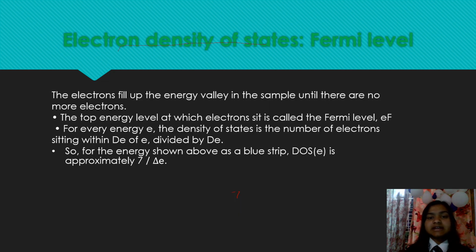The electrons fill up the energy levels in a sample until there are no more electrons. The top energy level at which electrons sit is called the Fermi level, that is EF. For every energy E, the density of states is the number of electrons sitting within delta E, that is, delta N of electrons divided by delta E.